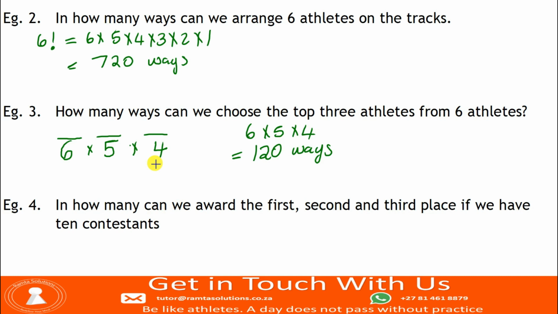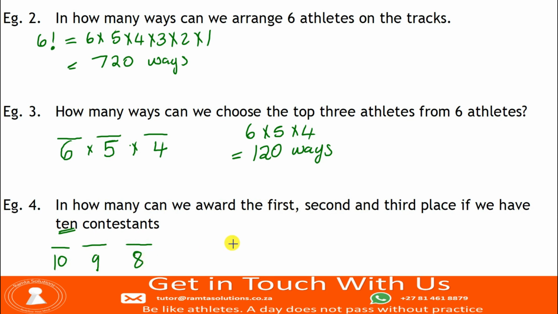Now, number 4. In how many ways can we award the first, second, third place if we have 10 contestants? Again, 1, 2, 3. For the first place, we have 10 contestants. One of the 10 wins the first place. We are left with 9 for the second. One of the 9 wins the second place. We are left with 8 for the third place.